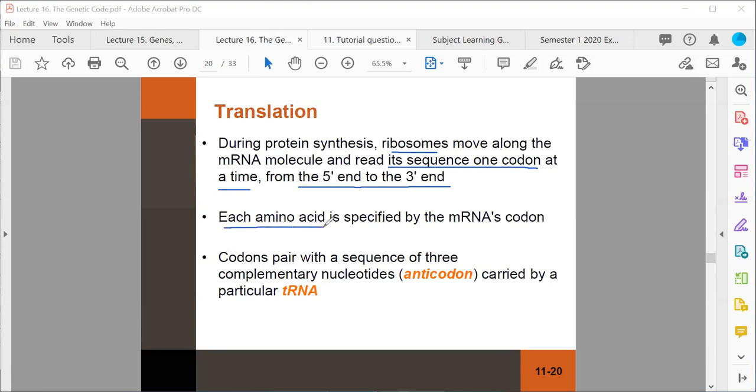Each amino acid, as we've just seen, is specified by a specific codon, or maybe by 4 specific codons, depending on the particular amino acid.